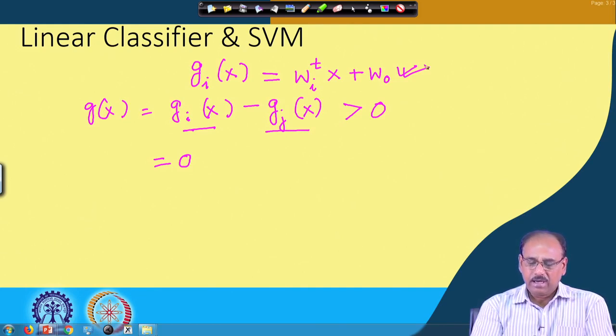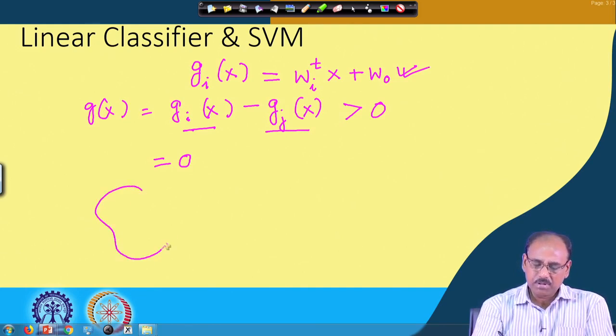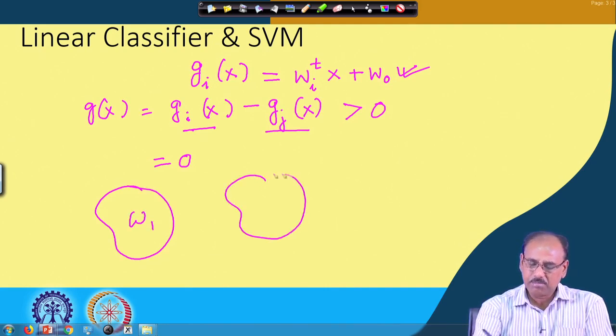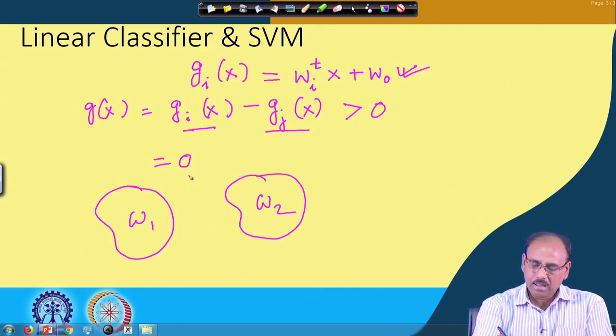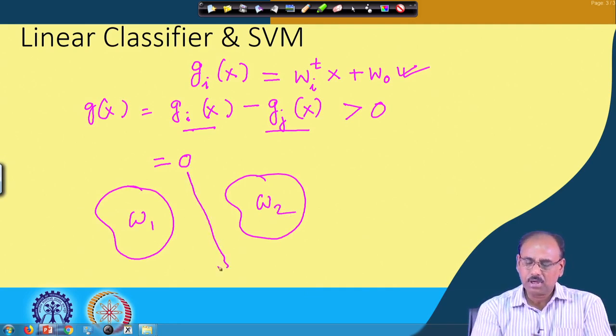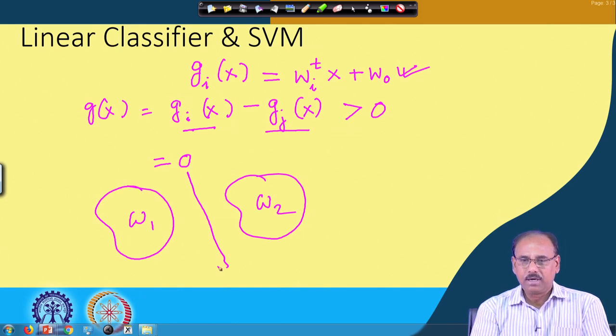So, given a set of samples belonging to class omega 1 and a set of samples belonging to class omega 2, the boundary between these two classes becomes a linear one. When we talked about the linear classifier, we assumed that the boundary is linear.